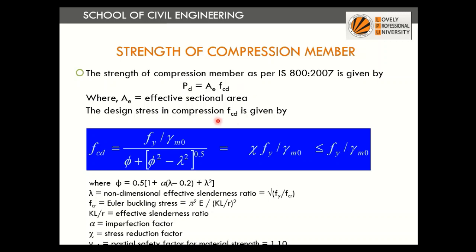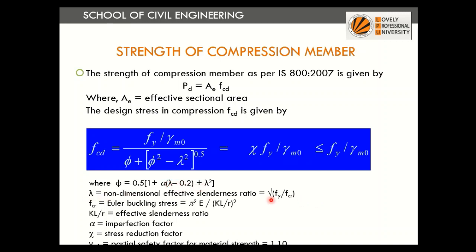So if we are not going to use that curve, we have this formula fy by gamma m0, where gamma m0 is known to us, 1.1, fy is 250. There are 2 terms, phi and lambda square. So what is phi? Phi is equal to 0.5 into 1 plus alpha into lambda minus 0.2 plus lambda square. What is lambda?